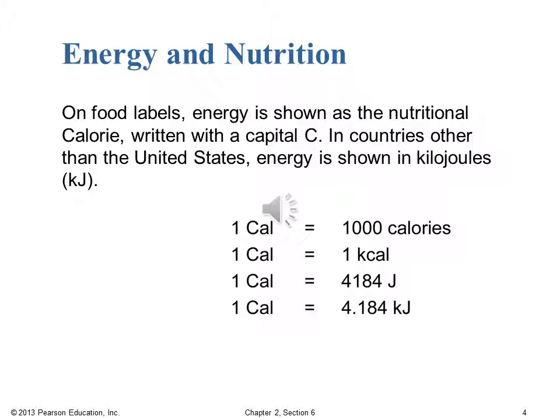Okay, so we did talk about this, if you remember back a few subtopics, but this is the difference between the capital C calorie and the lowercase c calorie. So in the US, on nutrition labels, we tend to report food calories, which are capital C calories, which are really kilocalories to us scientists.